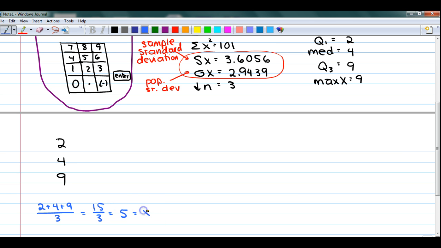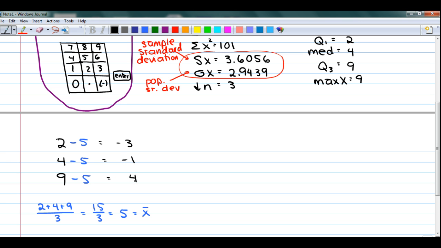That's my mean. We'll call it my sample mean, or x bar. So I'm going to subtract my mean from each value. That gets me -3, -1, and 4.